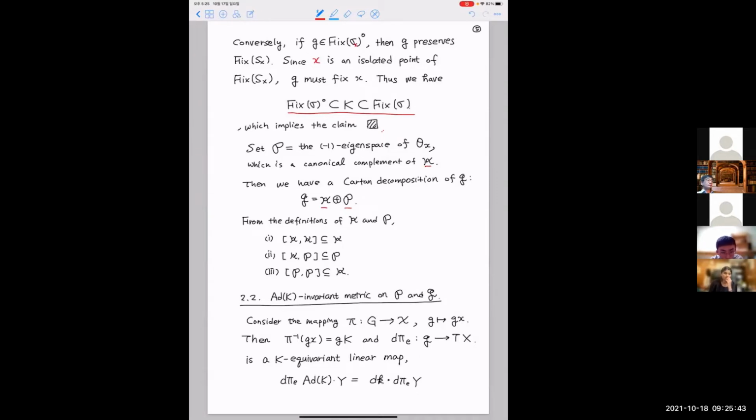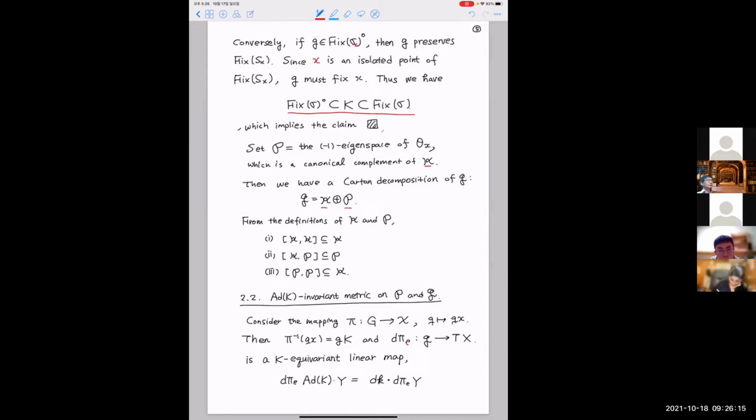So consider the map. We have a natural map pi from G to X, mapping g to gx, so actually it's kind of the orbit map. Then we observe that pi inverse of x is GK, and the differential of pi at e is the identity.